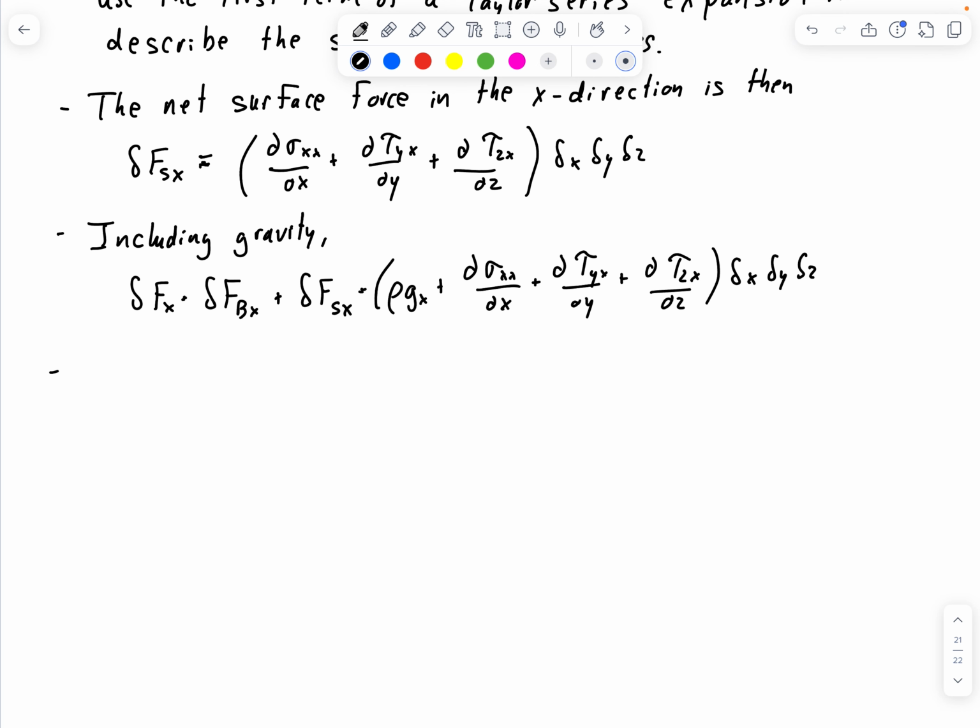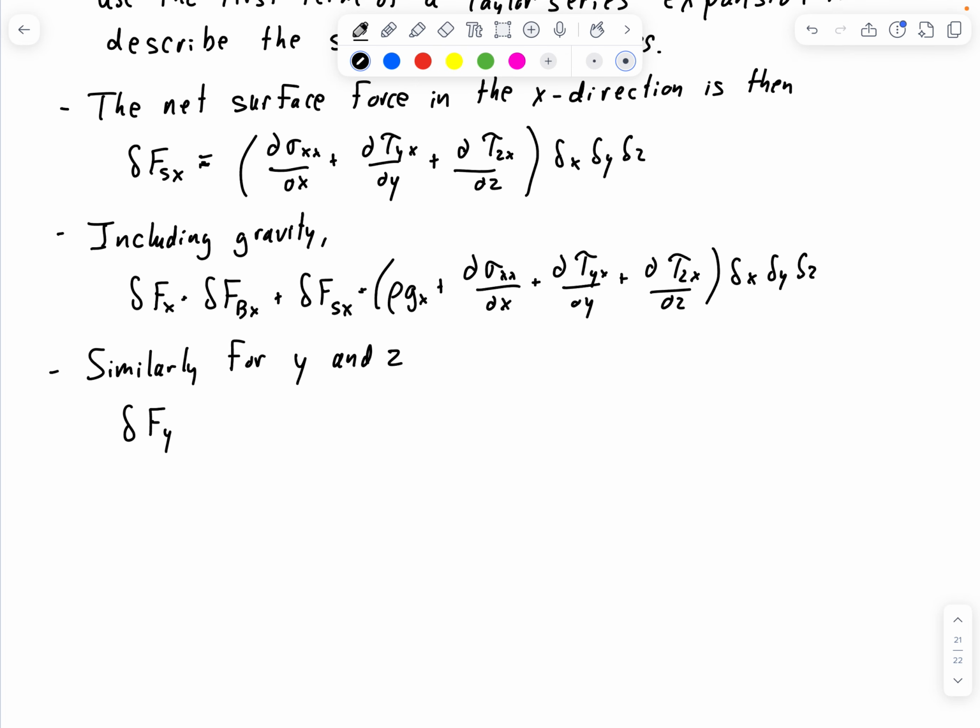We can do something similar for the y and z directions to find the net forces in the y and z directions. We're not going to go through this in detail, but I'll write the final results.